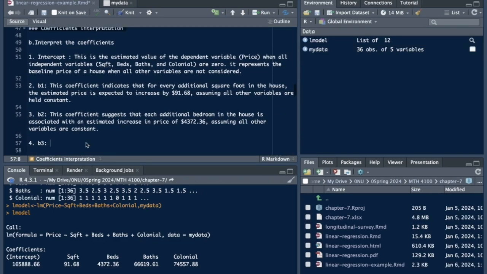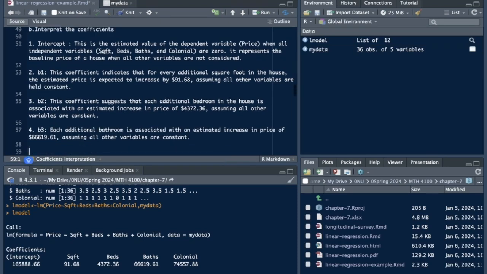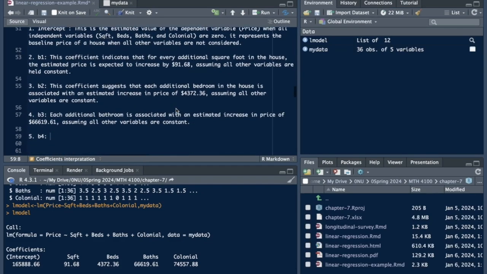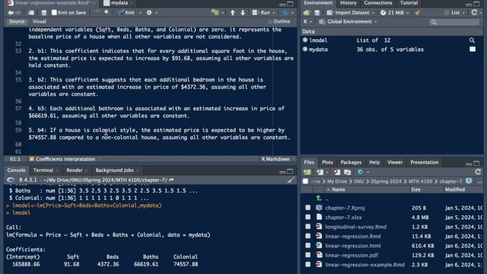The last one is B4, the value. This means that if a house is a colonial style, the estimated price is expected to be higher by $74,557 compared to a non-colonial house, assuming all of the other variables to be constant.